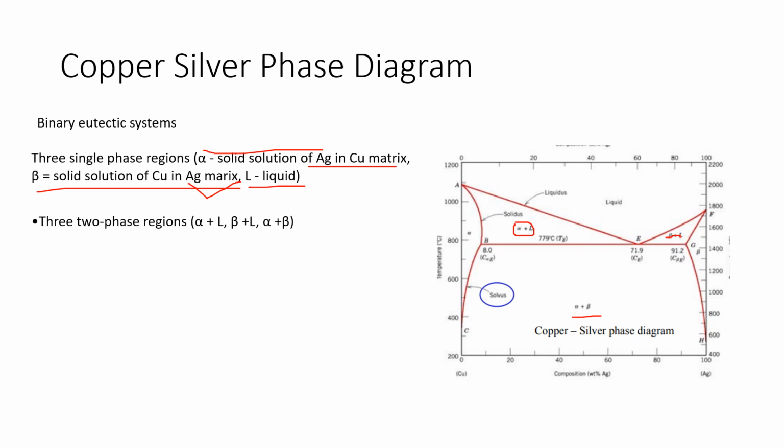This line is called the eutectic line, while this point E is called the eutectic point, and the temperature parallel to this line is called the eutectic temperature.